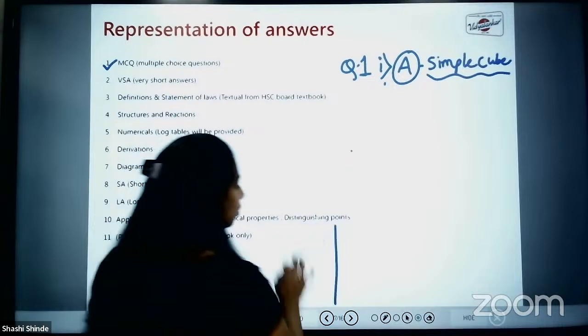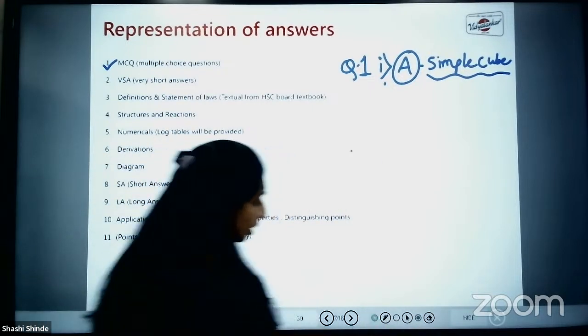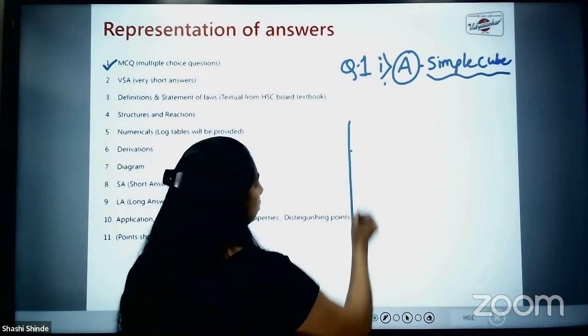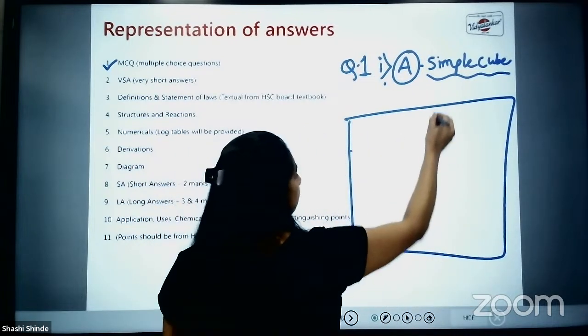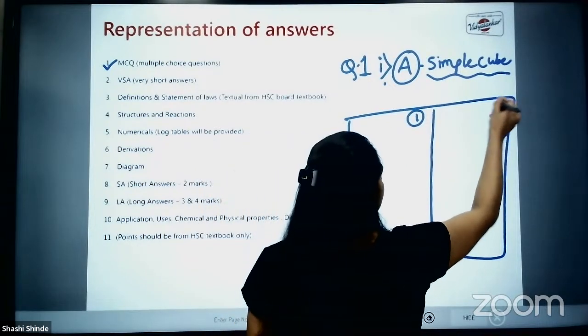Meaning what? What is the meaning of single attempt? Now you will feel that you cannot edit, you cannot cancel your answer. Suppose you are writing your paper. Now this is your paper, and we have page number 1 and, say, page number 7.